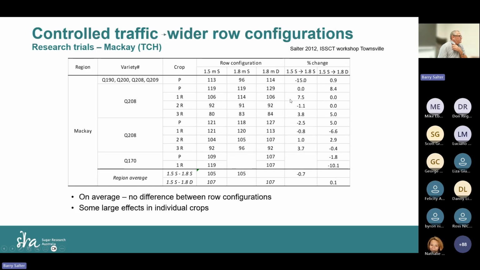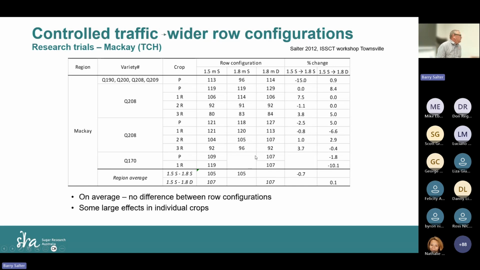Now there was a little bit of going up and down, so you can see in one trial the 1.8 metre single was 15% less than the 1.5, but in other trials it was 7.5% better. So some were better, some were worse, but overall they produced exactly the same. And a similar result was found when you compare the 1.5 metre single to the 1.8 metre duals.